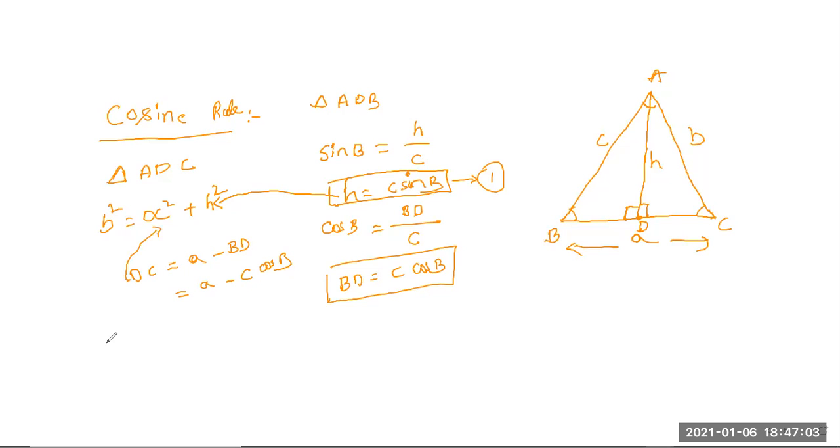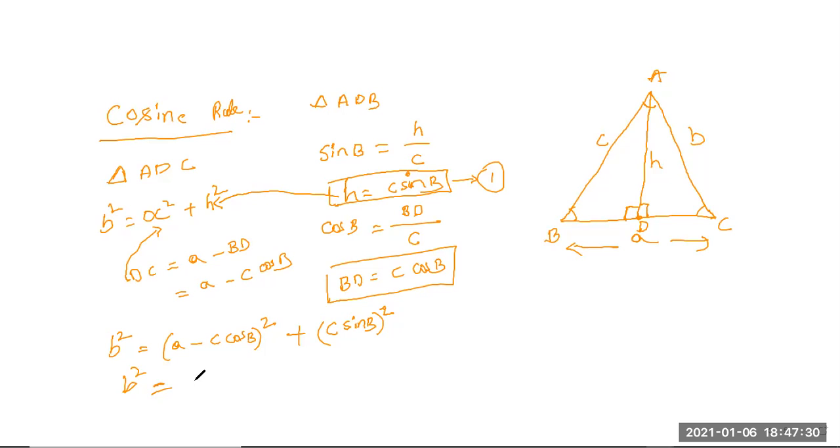So you will get b square is equal to DC, which is A minus C cos B, whole square, plus H square, which is C sin B whole square. Now just try to expand.